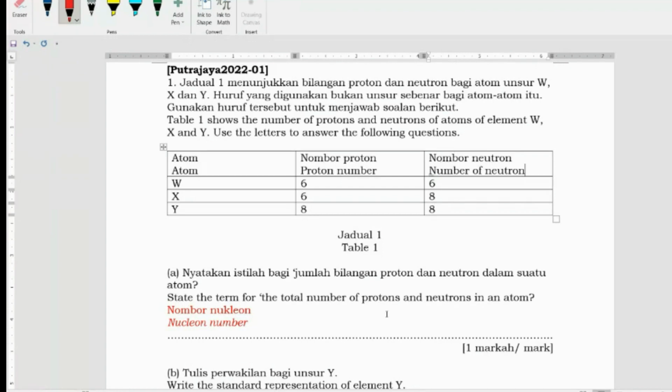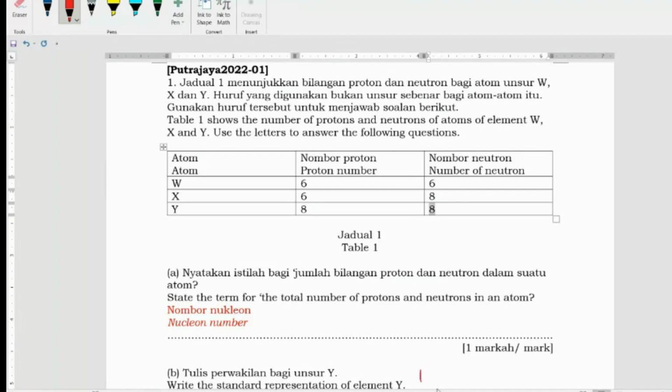So, standard representation for Y. Jonathan, for Y, you see, proton is 8, neutron is 8. So what is the nuclear number? 16. How did you get 16? 8 plus 8.